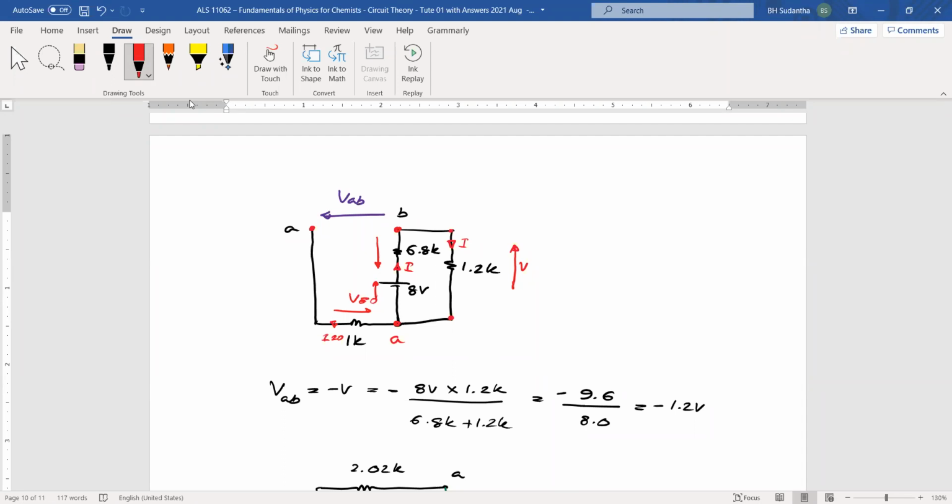If you take the voltage across the 6.8K only, that is wrong because we want to find the voltage across VAB. But if you take the 1.2K resistor, that is VAB.